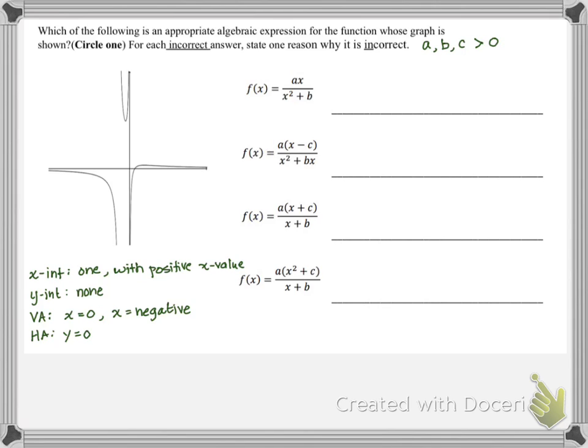Guys, finding x-intercepts for every single function is exactly the same. Oh, you put y, like the 0 thing. Yes, you set the function equal to 0.